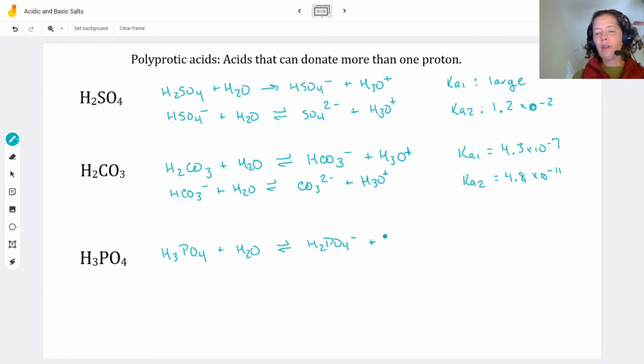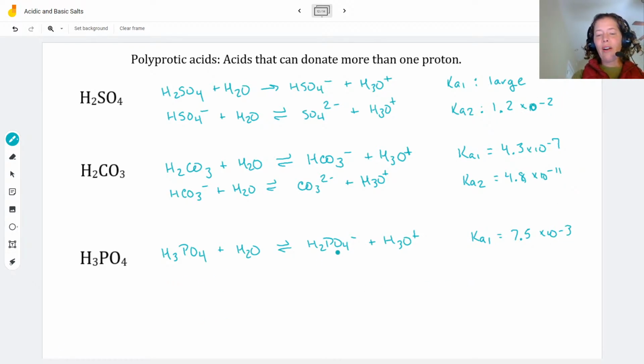Okay, so we've donated 1, oops, not H2O, H3O. Donated that proton. This again is Ka1. This is the first proton that has been donated. This has a value of 7.5 times 10 to the negative third. Okay, so we're definitely better than carbonic acid, right? But we're still definitely weaker than the second step of sulfuric acid.